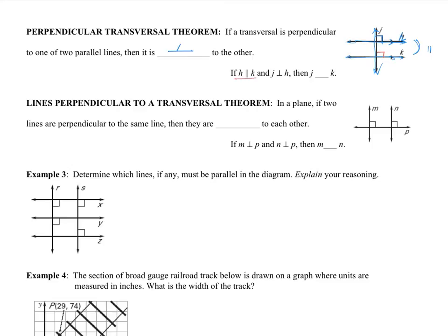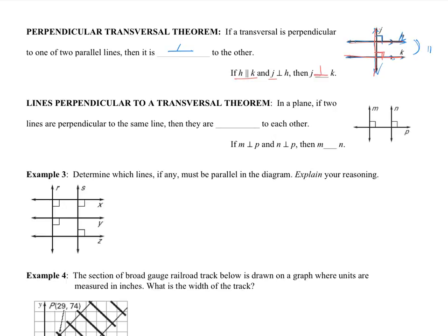If H is parallel to K and J is perpendicular to H, then J would also be perpendicular to K.